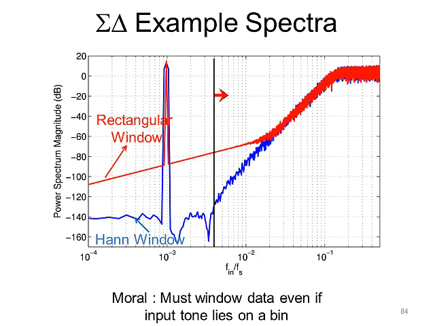This shows an example of a Hann window where, thanks to the tapering off of the window weights as you get to the end of the record, the in-band spectrum is very small and reflects the true performance of the ADC. So for delta sigma simulations, it's not just sufficient if the input lies on a bin. You must also window the data with an appropriate window to prevent the in-band noise from getting corrupted by leakage effects.